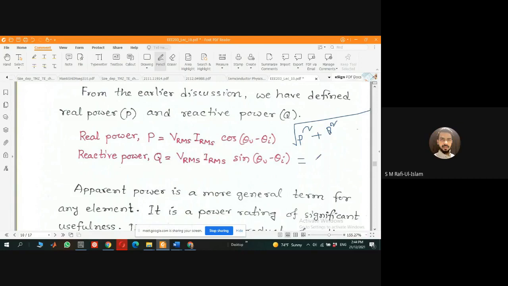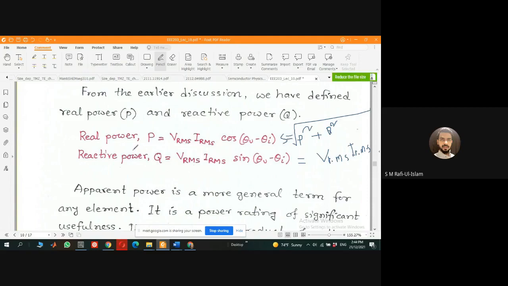So basically we'll get V RMS times I RMS. It's so simple, right? This term is called the apparent power, and it is represented by S.